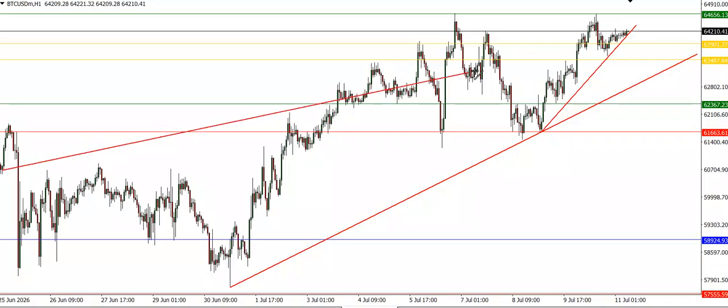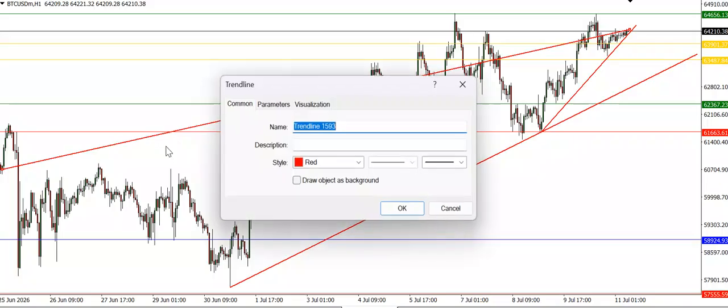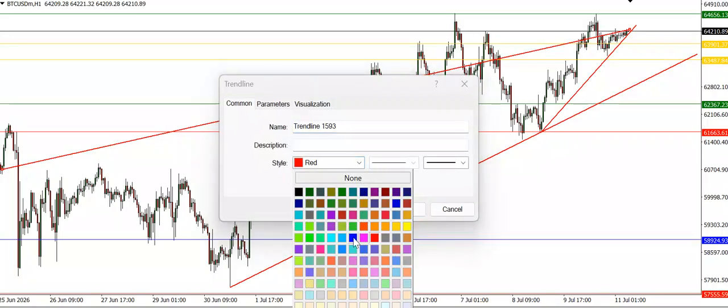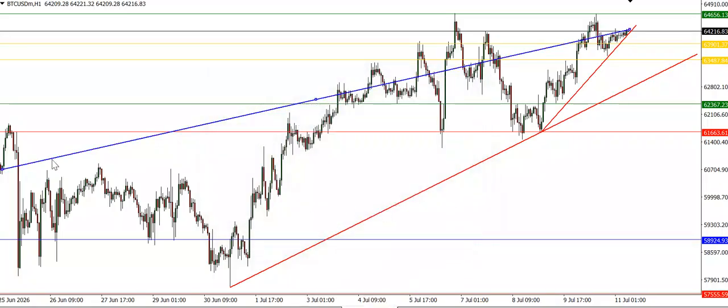And we trail to where price is. This particular trend line is rising. This is rising. This is low, getting higher, higher, higher. So that shows uptrend.